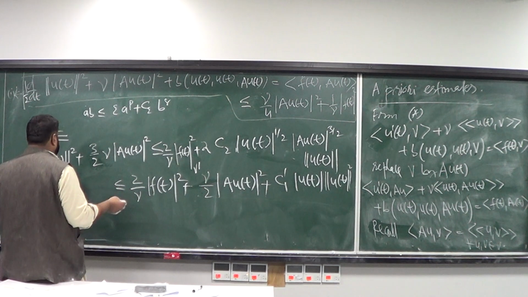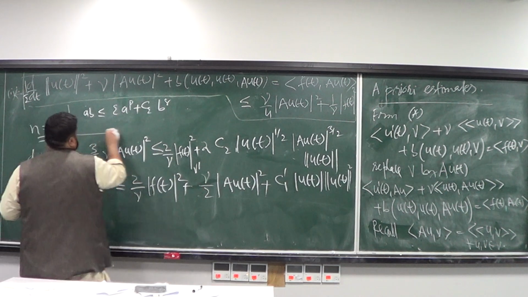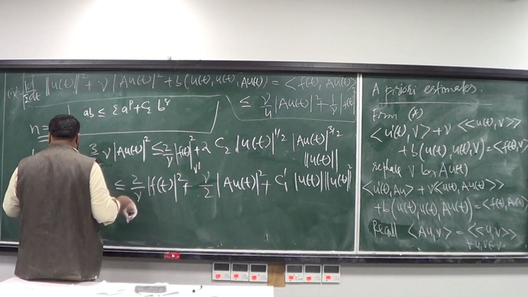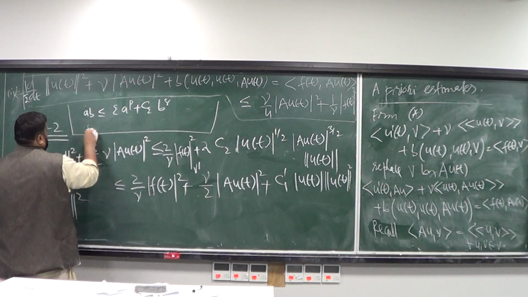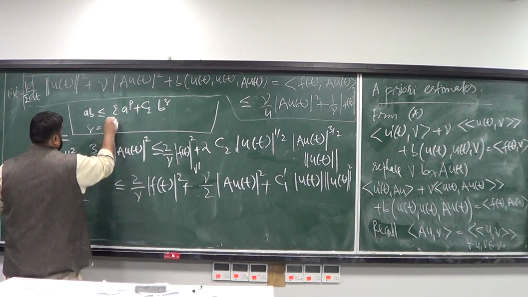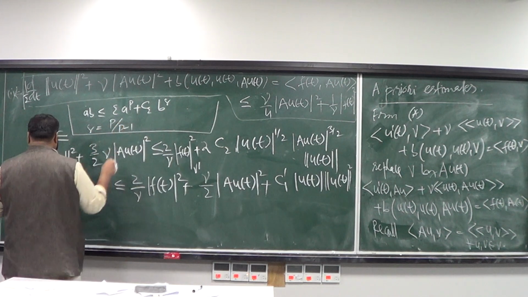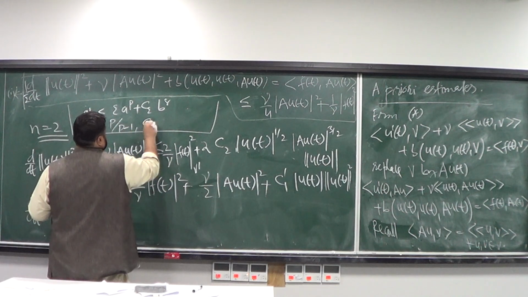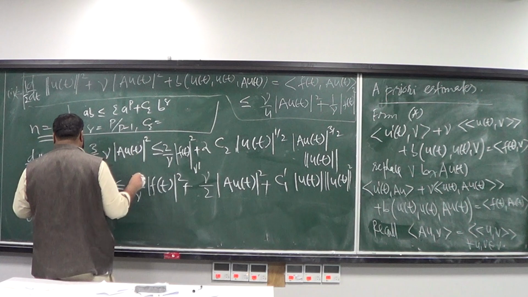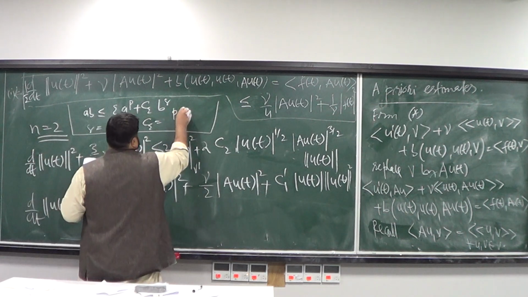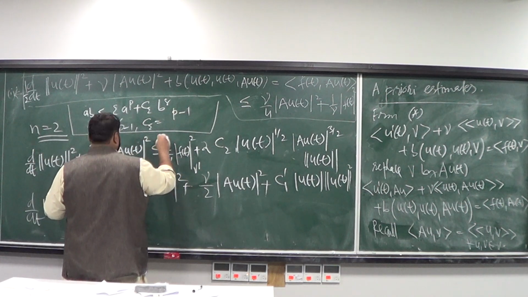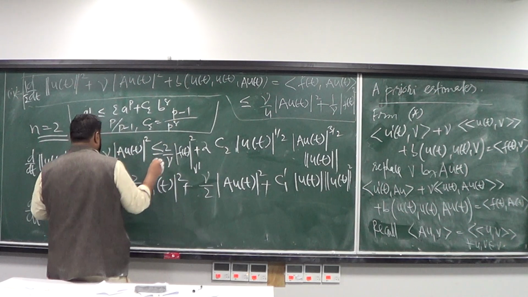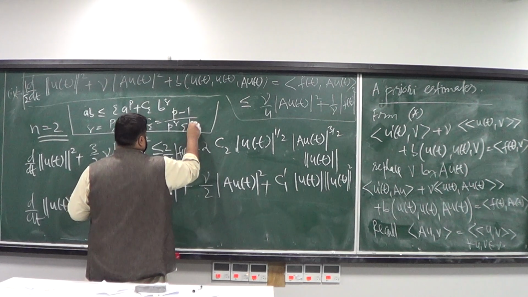Epsilon is a positive number, q is p over p minus 1, and C epsilon can be explicitly written as (p minus 1) to the power p minus 1, over p to the power q, times epsilon to the power 1 over p minus 1.